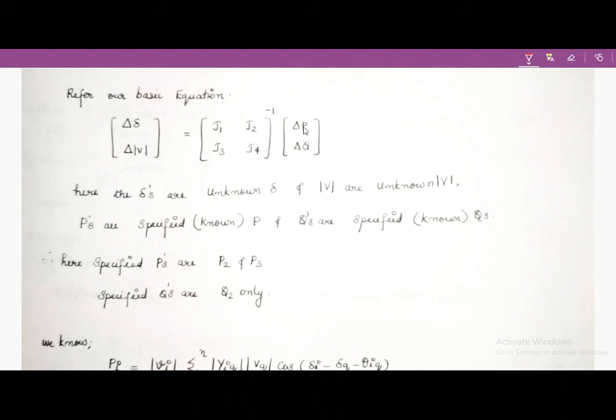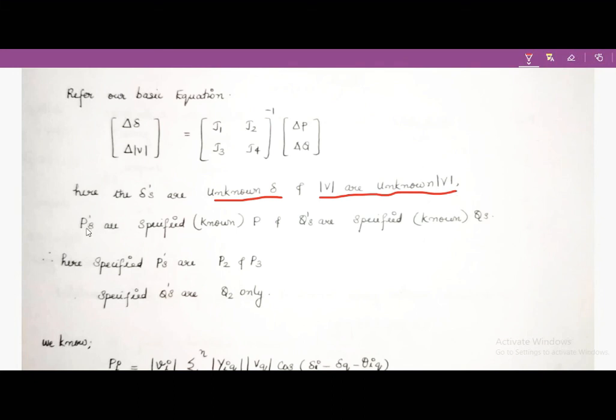And what was delta P? Delta P was nothing but P specified minus P calculated. Clear? Now, what about this delta? The deltas are unknown, and the magnitudes of V are unknown voltages.